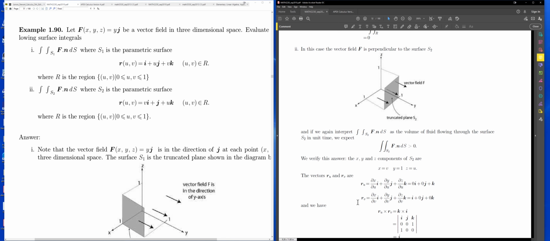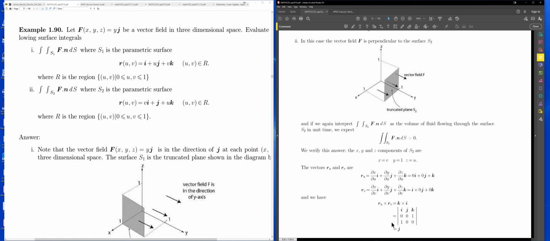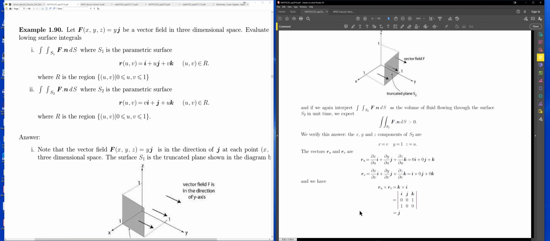I in fact already worked that out. The r_u is going to work out to be 0 here, 0 here, and I get a k. The r_v, I will get a 1 here, 0 here, and a 0 here, so I'll get an i. And the k cross the i will in fact work out to be j.